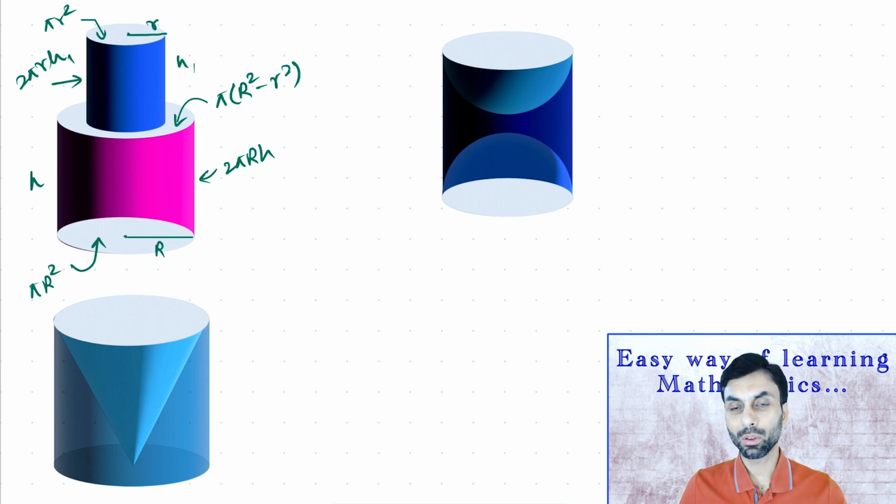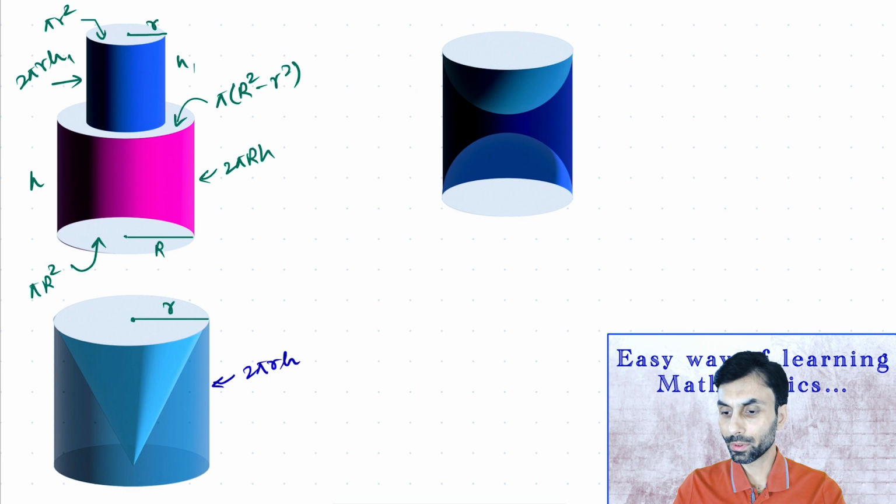Next, we talk about another case where a cone has been hollowed out from a cylinder. In this case, the radius of the cylinder, which is also the radius of the cone, is r. Then the curved surface area of this cylinder will be 2πRH.